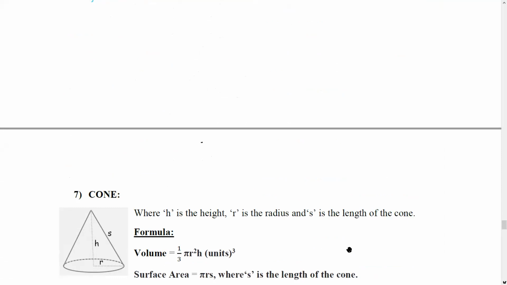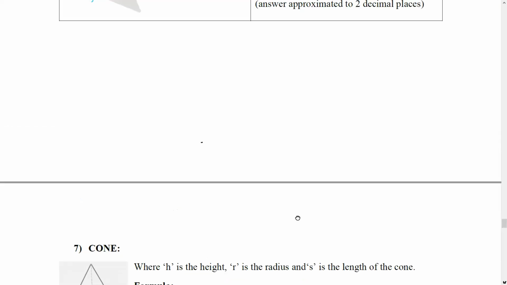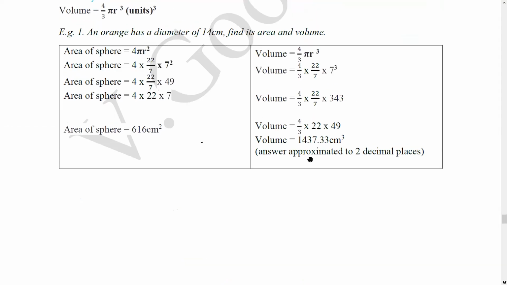So Musa, I see your hand is up. What's the question? If they give any diameter, you could use that instead of radius squared or radius cube? Nah, you have to use the radius, because the diameter here is 14, right?